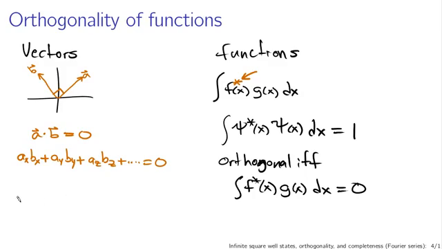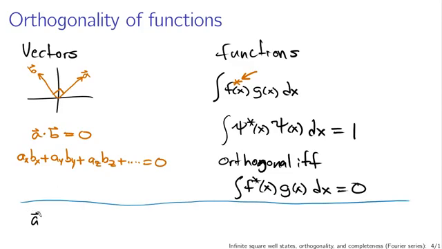As a brief side note here, we can also make a connection with the magnitude of a vector, or the norm. For instance, we say if a vector dot a vector is equal to 1, we call this a unit vector.